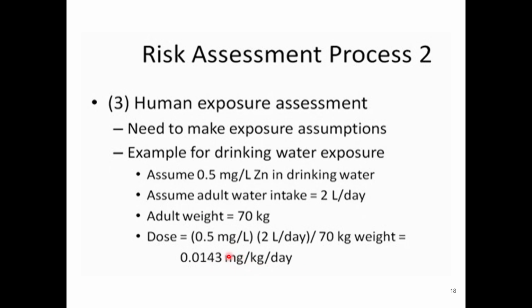The milligram is the milligram of zinc, the harmful substance causing the risk, and the kg comes from the body weight of the adult person. So don't get confused, and it is per day. That is how we calculate dose.